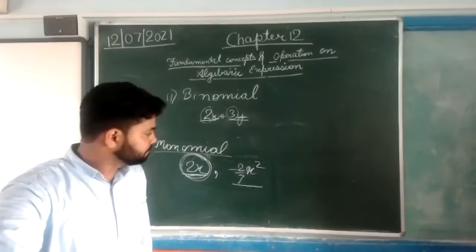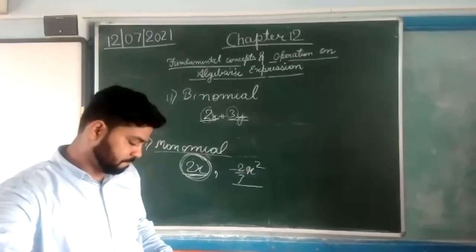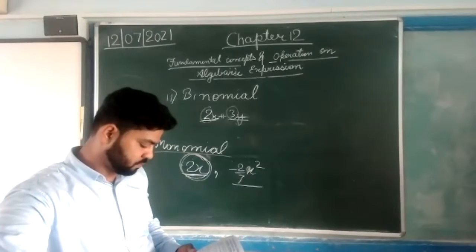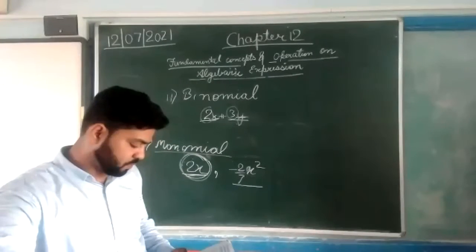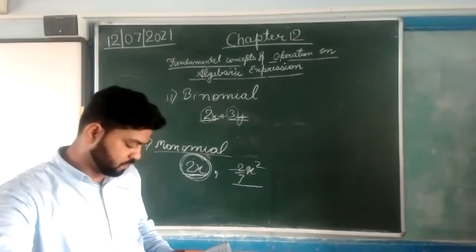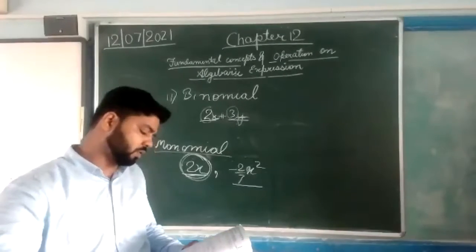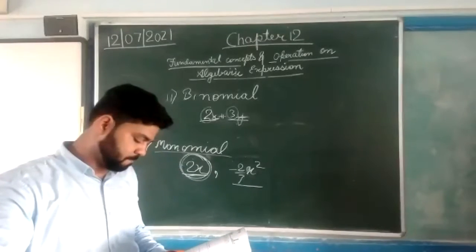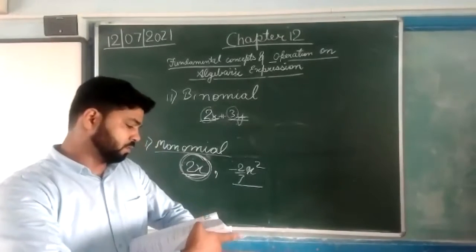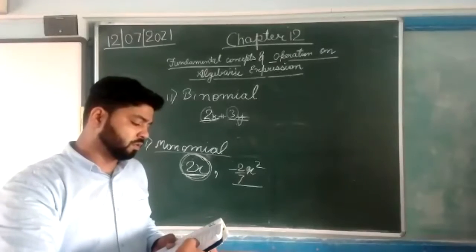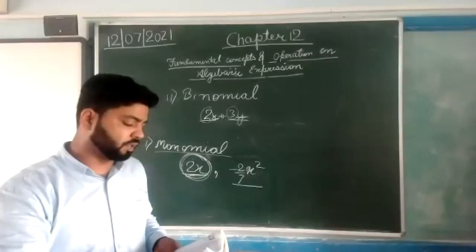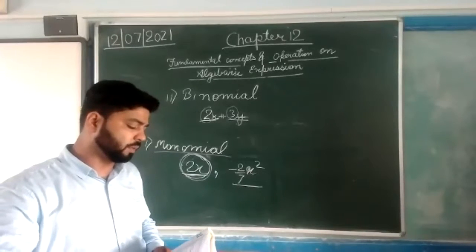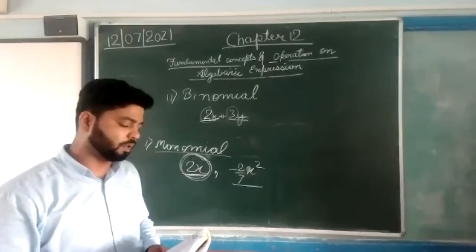Sir, but in the book, 3 upon 19x square is in the multinomial, then minus 2 upon 7x square should also be multinomial. Where in the book? Sir, on page number 149, in the examples, 3 upon 19x square minus ab square.